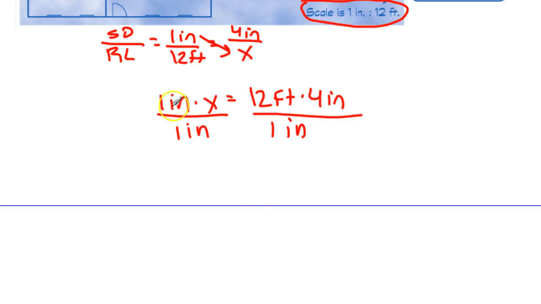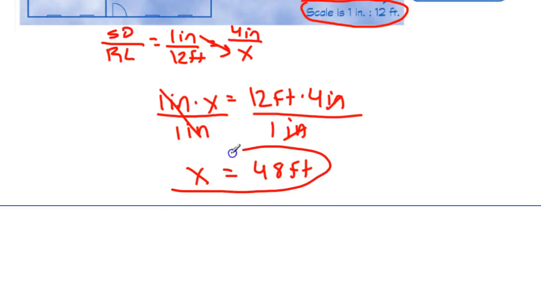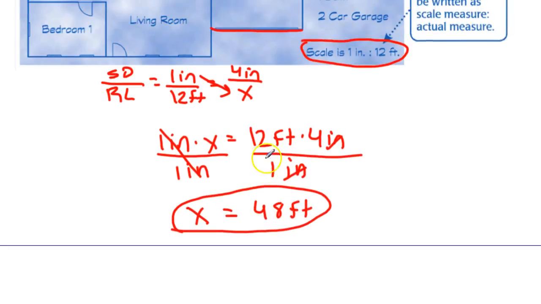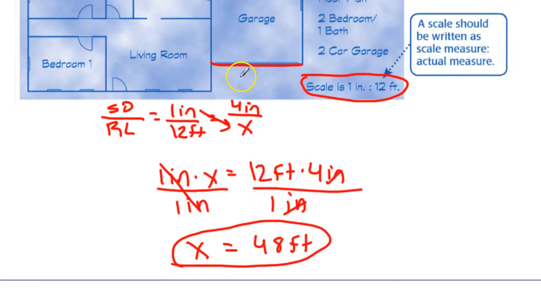The 1 inch cancels, I'm left with just x. Over here, that inch and that inch cancel. So on top I'm left with 12 feet times 4, that's going to be 48 feet, and the bottom is just 1. So if this was really my house, my garage would be 48 feet long.